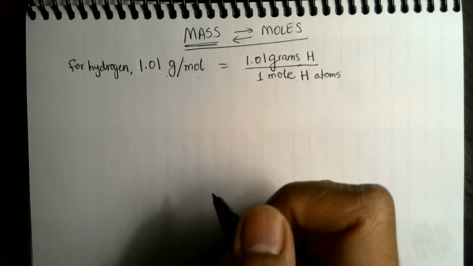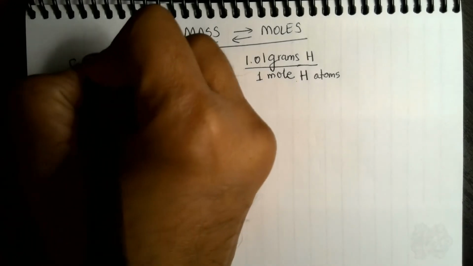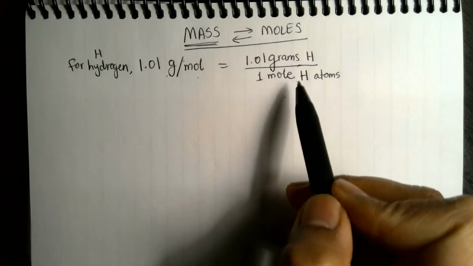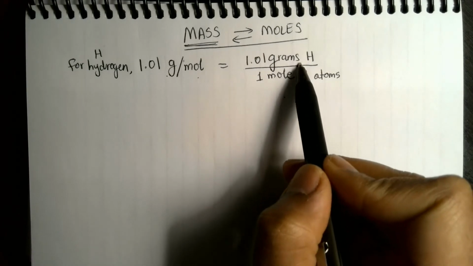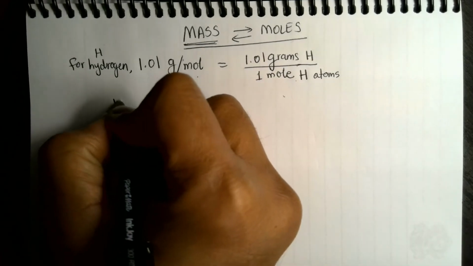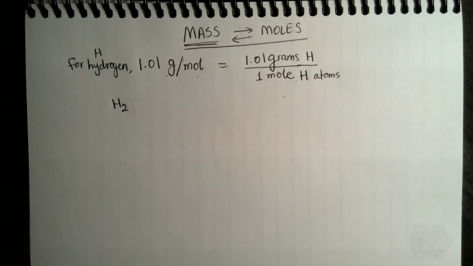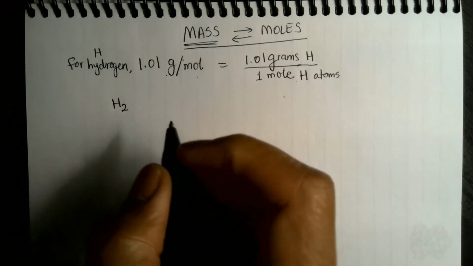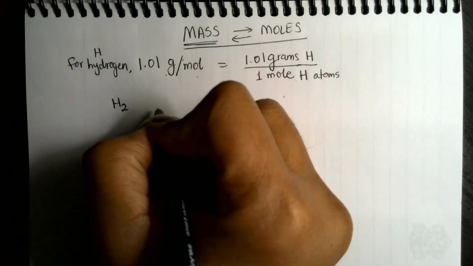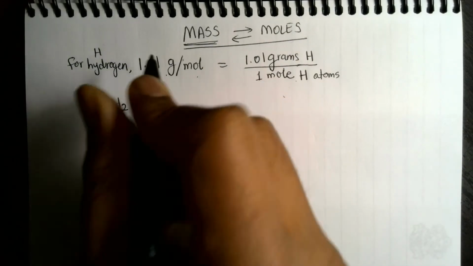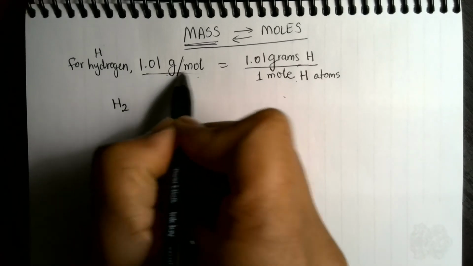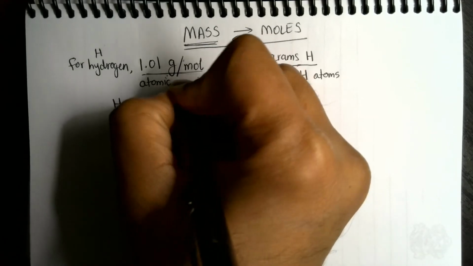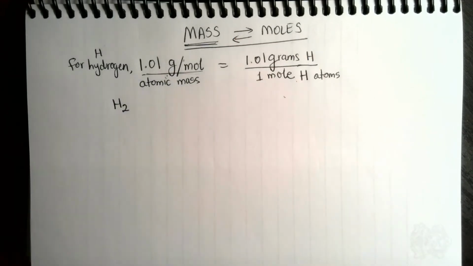What if then you have H2? If you have just H, this is a conversion factor you can use to go between moles and grams. What if you have H2? Well, H2 just has 2 hydrogen atoms. This was the atomic mass, because we're dealing with an atom.